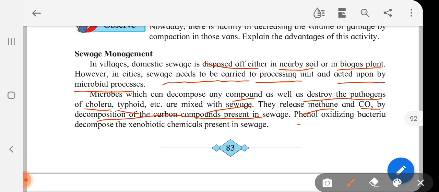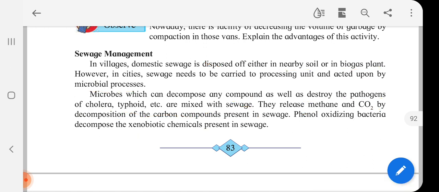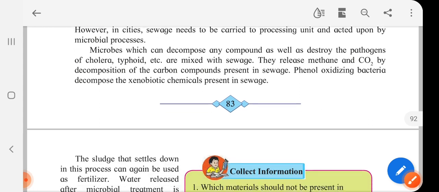So there are microbes which act on cholera and typhoid, which are waterborne diseases. These microbes decompose them and release methane and carbon dioxide gas. Phenol oxidizing bacteria decompose xenobiotic chemicals present in sewage. So this is how sewage can be managed.